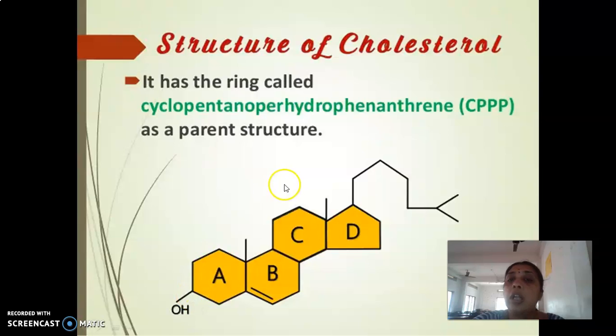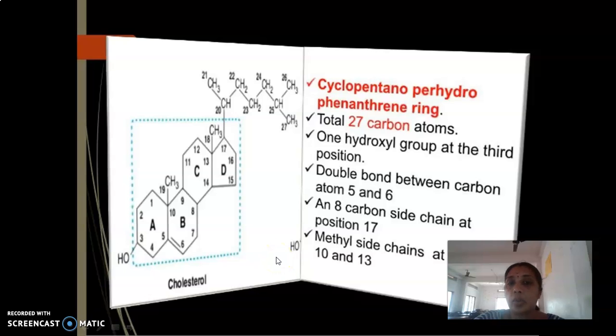This is perhydrophenanthrene. This is known as the phenanthrene ring system. A, B, C, right? So this is cyclopentane. So cyclopentano perhydrophenanthrene ring system. Okay, that's the ring system of cholesterol. Right? So this is the numbering. 1, 2. See, this is the numbering, right?